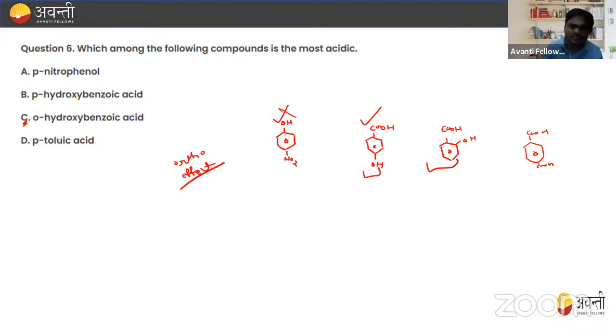So why is it the most acidic? Due to the stabilization by intramolecular H bond with the electron donating resonance structure of OH. Let me draw the structure. For example, if I draw the structure like this, that is COOH and this is OH, right? So what you will get in the presence of H plus? What formation takes place?